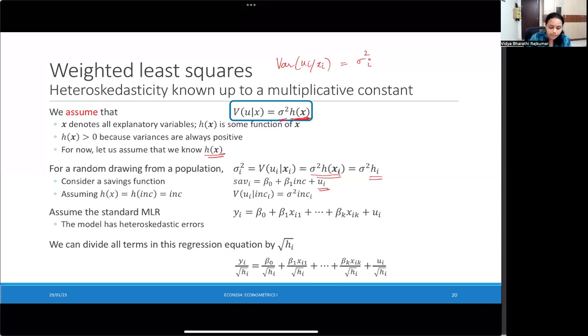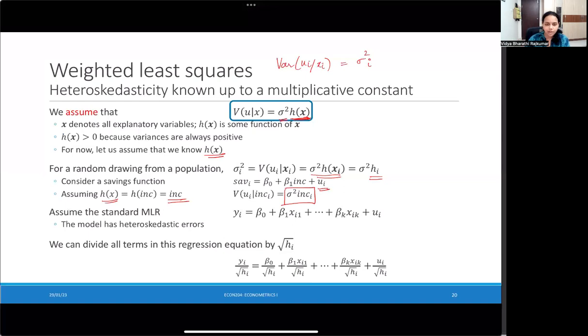And I'm going to assume in this simple case that this h of x function, or the h of income function, is just given by the actual income variable. So the variance of u_i given income is sigma squared times h of x. In this case, it will become sigma squared times income. So I've now been able to express my heteroscedasticity using a very particular, specific functional form, which tells me the relationship between the error variance and the x variables.